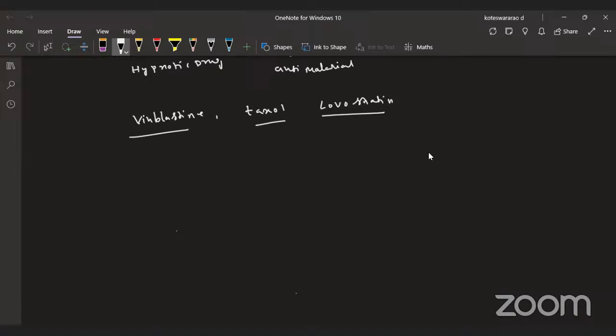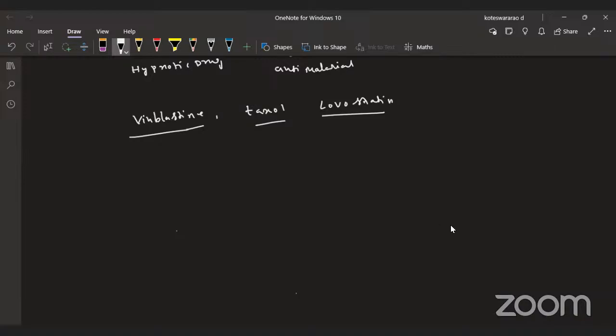Right? These are used as drugs. Vinblastine and Taxol are for treating cancer. Right. Next, lovastatin is for treating cholesterol. For cholesterol treatment, we can use it. These are some of the natural products used as drugs.